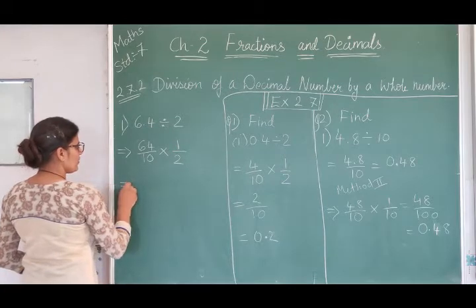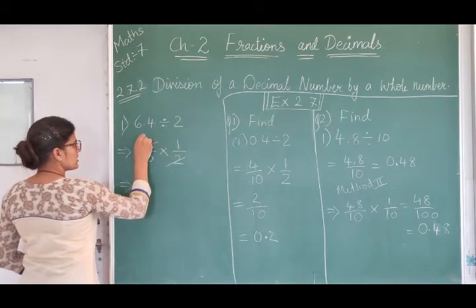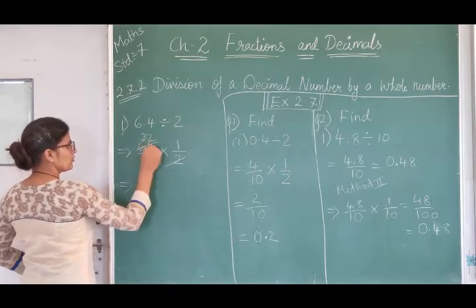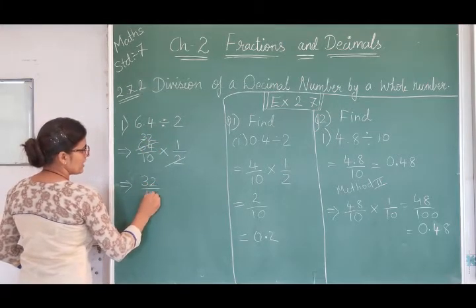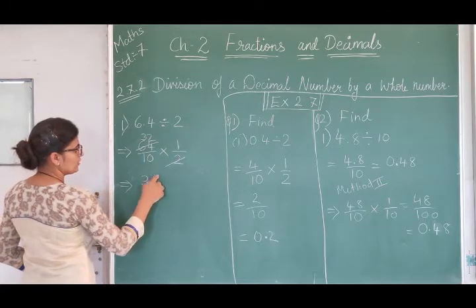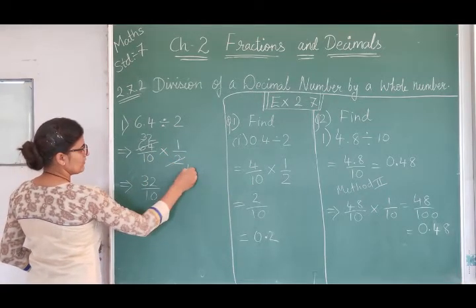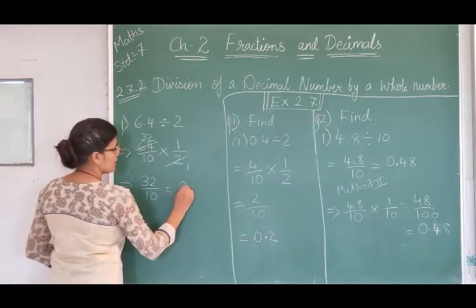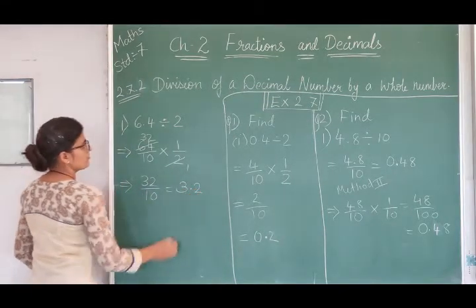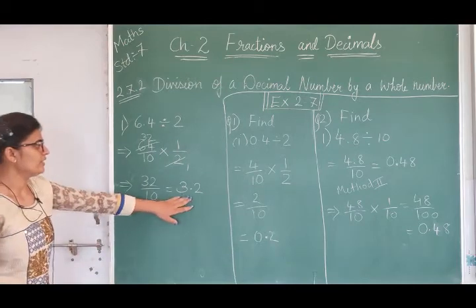Simply we will cut off: 2 3s are 6 and 2 2s are 4. So 2 32s are 64. So it will be 32 divided by 10. 32 multiplied by 1, 32. 10, here it will be 1, 10 ones are 10. 32 divided by 10. So the answer will be 3.2. So the required answer is 3.2.